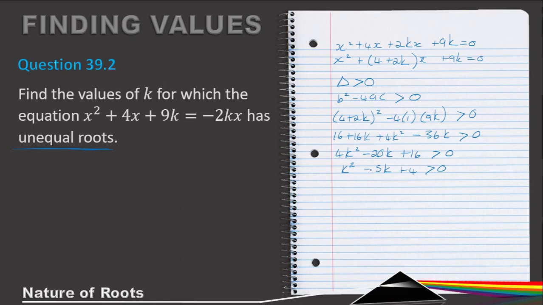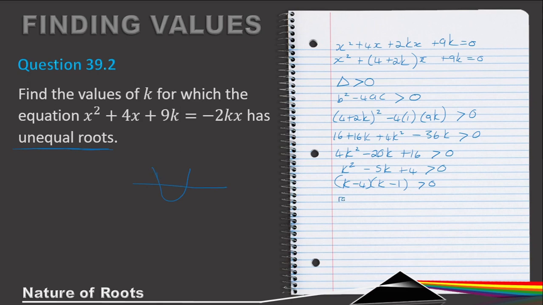First of all, we factorize it, because we need to find the roots in k. If we factorize this, we get (k minus 4)(k minus 1) greater than 0. This quadratic is a positive quadratic equation, so we're going to draw it smiling.